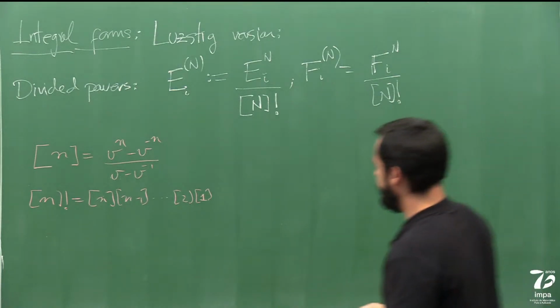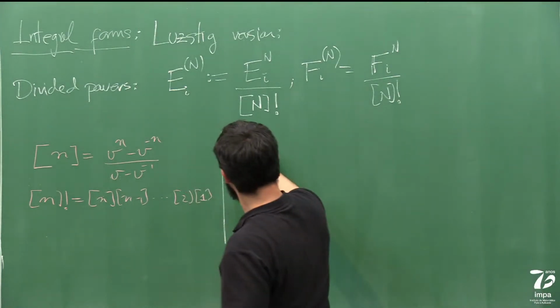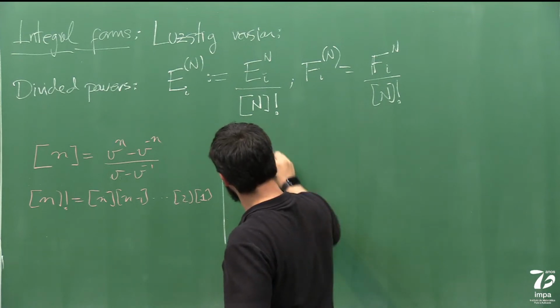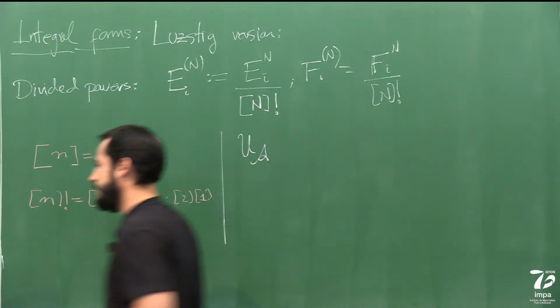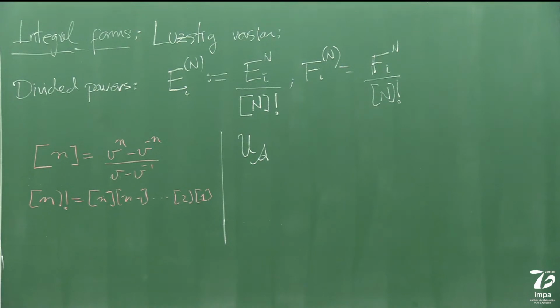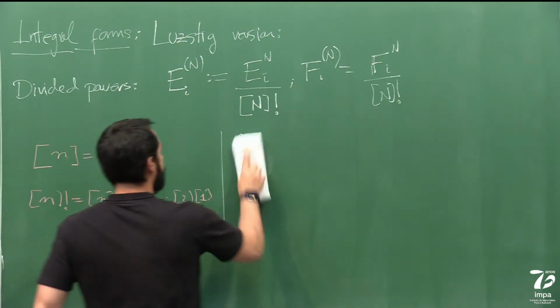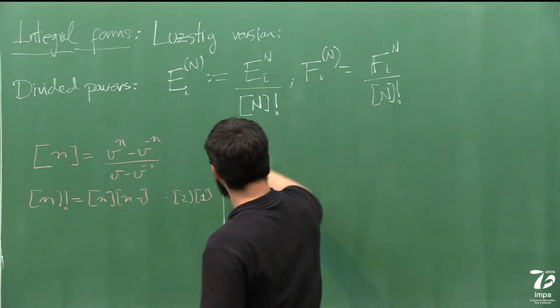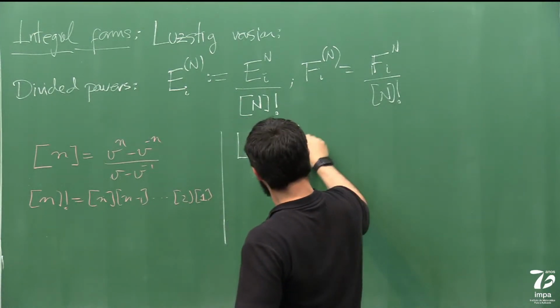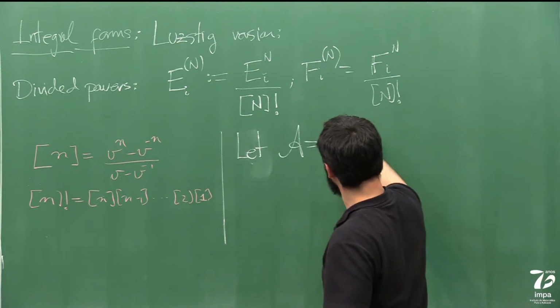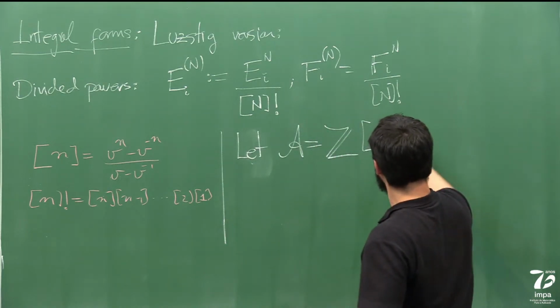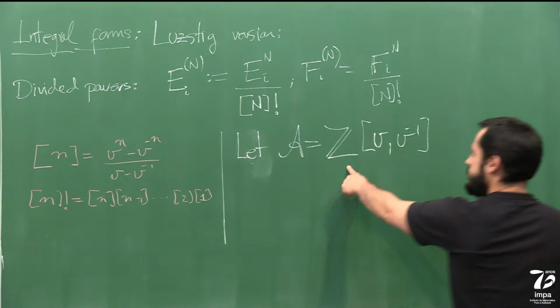And then I consider something that I will call U. Sorry, I consider this ring. Let's consider A, which is just Laurent polynomials with integer coefficients.